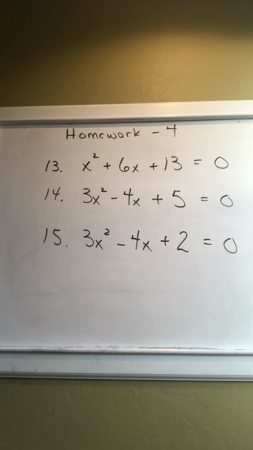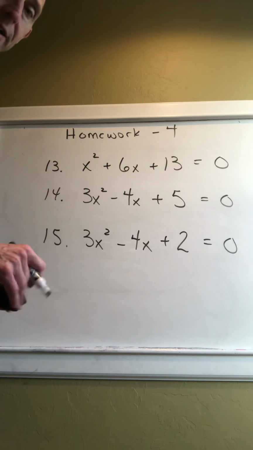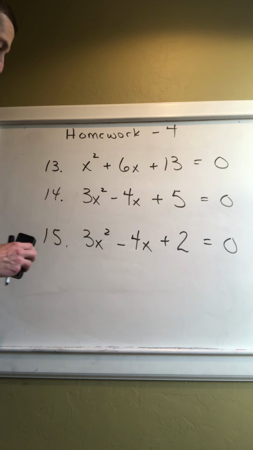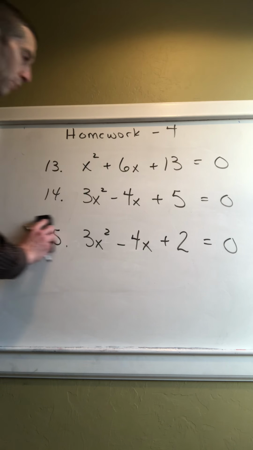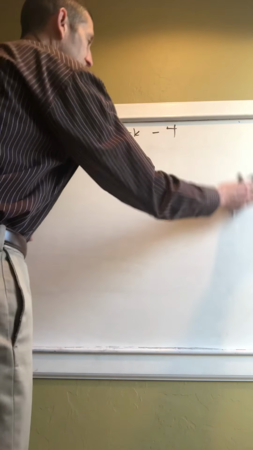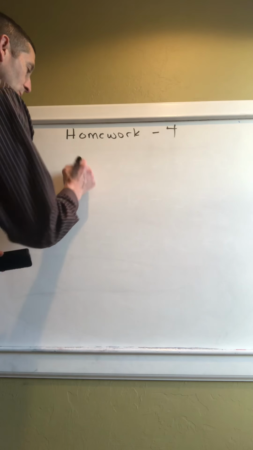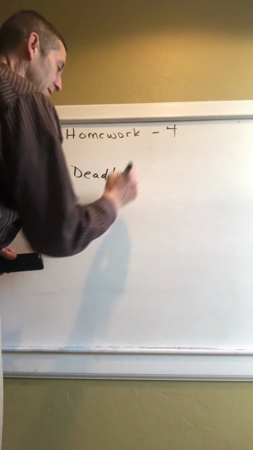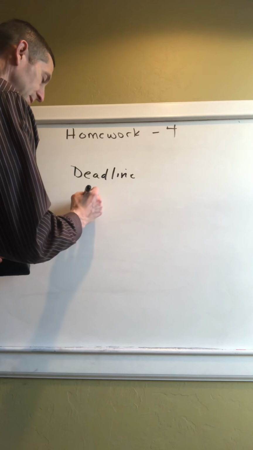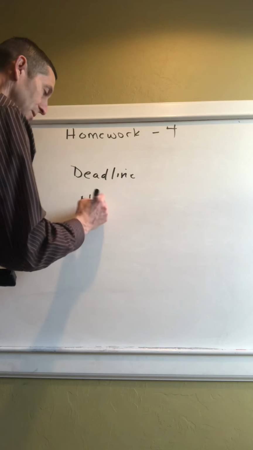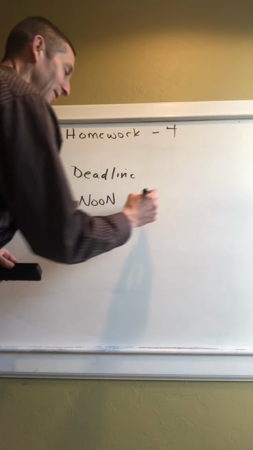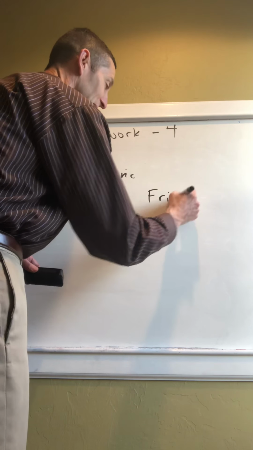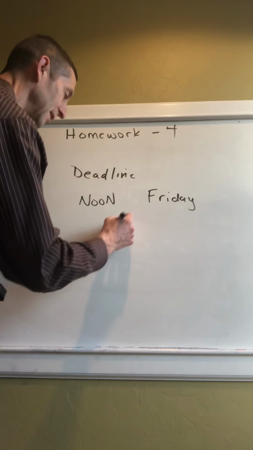All right, now that you've got that copied, you've got it all set, let's talk about the deadline. So for homework 4, you're now looking at the next Friday. The deadline for this one is, again, noon on Friday, but this is the next Friday.